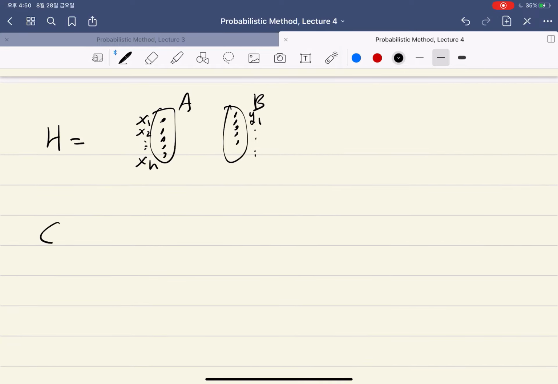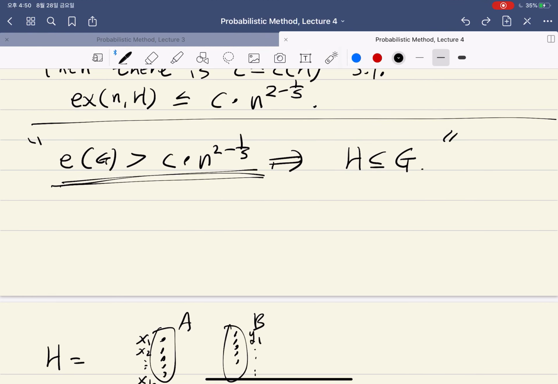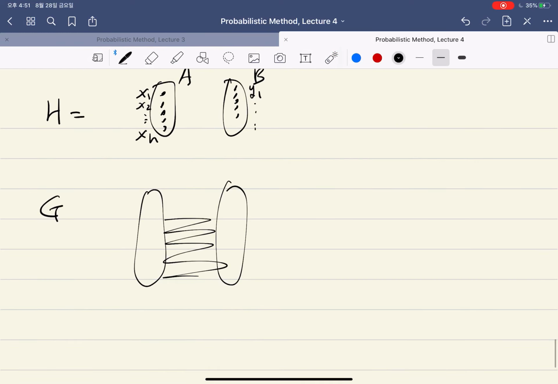And for G, for now we can simply assume that G is also bipartite, because we can take a max cut of G, which will lose half of the edges. But we just want to show this with a certain C, so we just increase our initial C by twice. Then after deleting half of the edges, G still satisfies this condition with a smaller C.